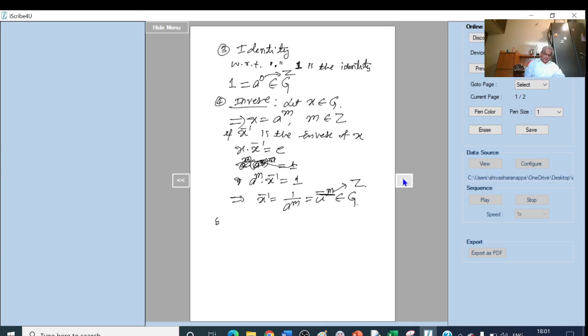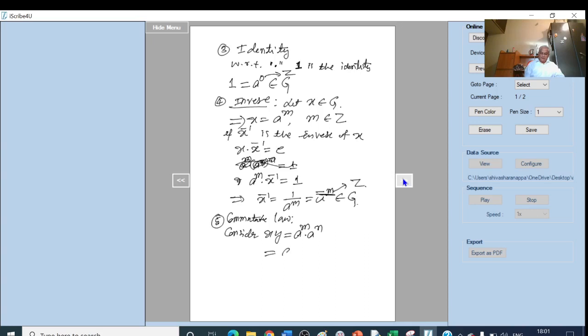And what about the commutative law? Commutative law. That is, xy is equal to yx, then you say that the commutative law is satisfied. So consider x into y. This is equal to, x is a to the power of m into y is a to the power of n.